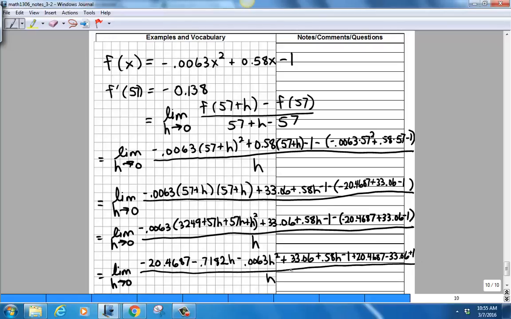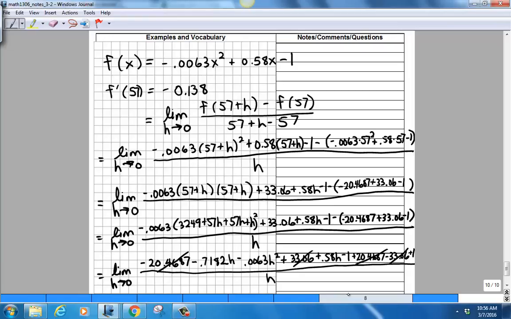Now, what cancels out at this point? Well, I hope a bunch of things cancel out. There I have a minus 20.4687, and there I have a plus 20.4687. So guess what? That is going away. So this one and this one disappear. What else cancels? There's the plus 33.06, and there's a minus 33.06.